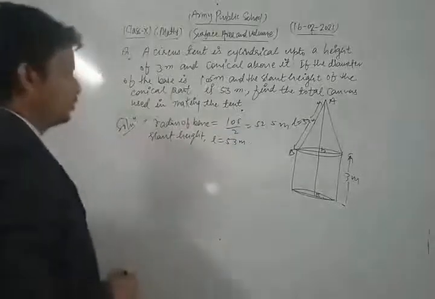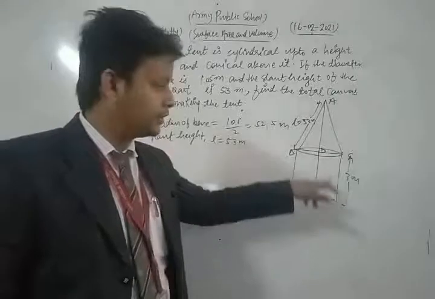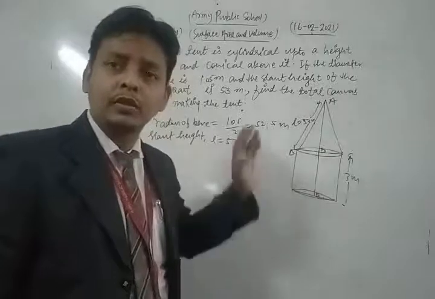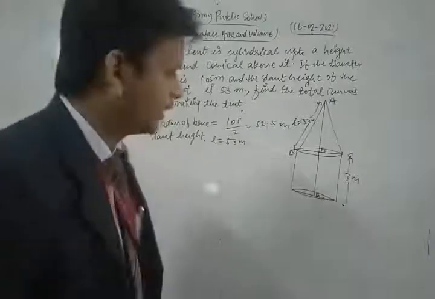Here, the radius of the conical portion is the same as the radius of the cylindrical portion, because both figures have the same base.